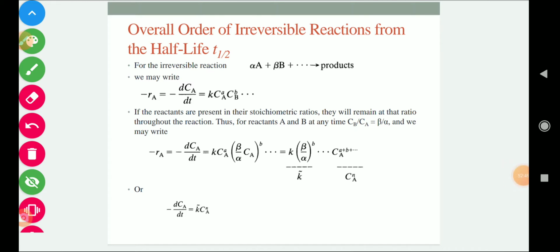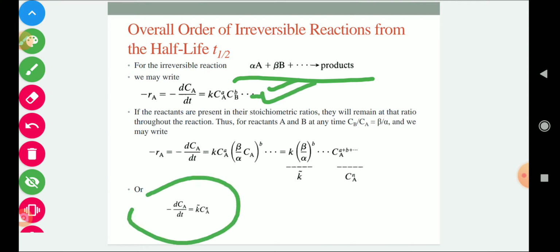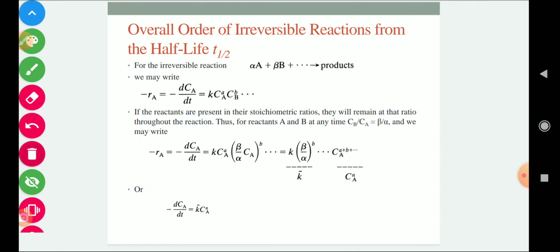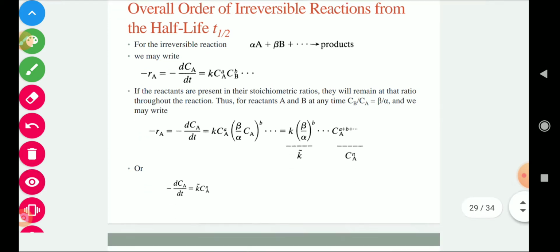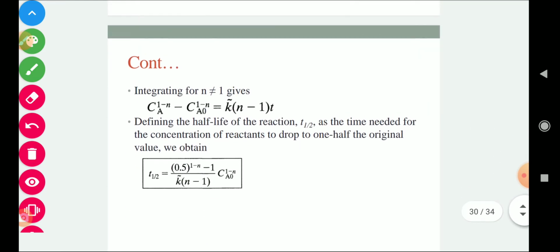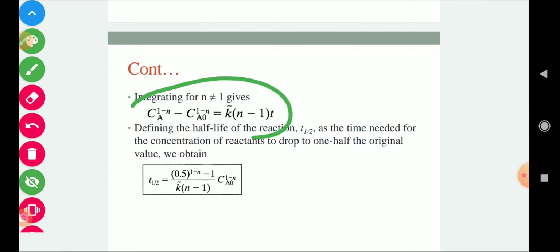So if you have this rate equation, in rate expression you can write like that, or you can write minus dCA by dt equal to k into CA to the n for an nth order reaction, which on integration yields this one.